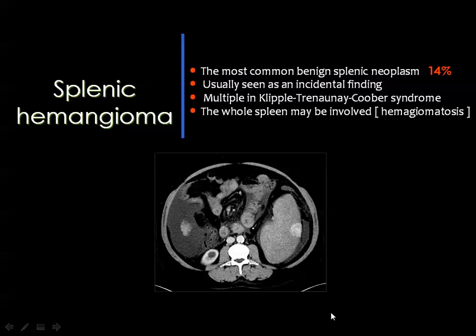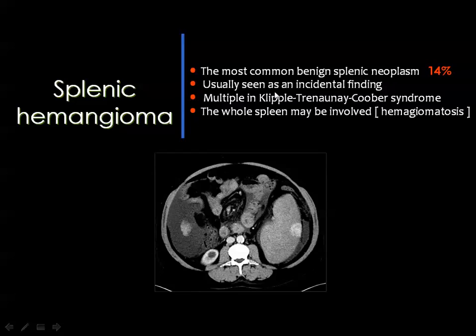Then finally we came to the issue of the splenic tumors, and we have benign lesions and we have primary and secondary malignant tumors. One of the common benign lesions in the spleen is the hemangioma. And you remember that the hemangioma is also considered the most common benign primary tumor in the liver, and it is also the case in the spleen.